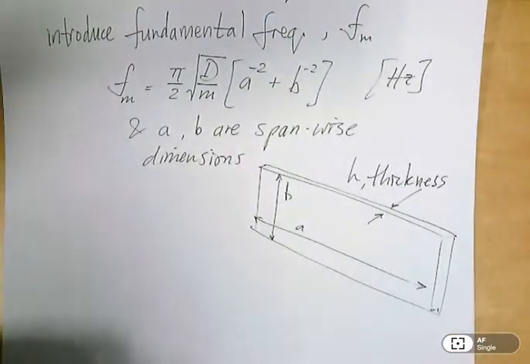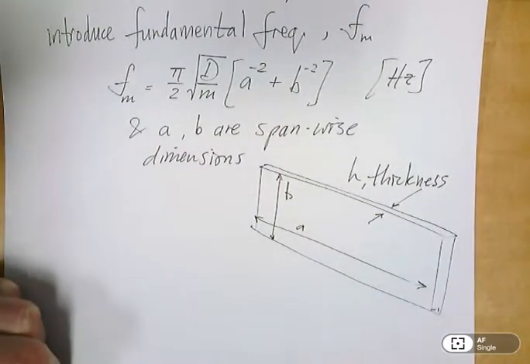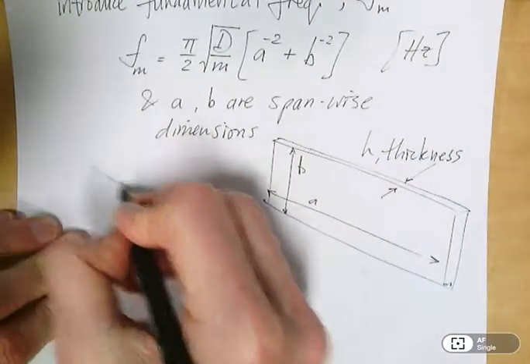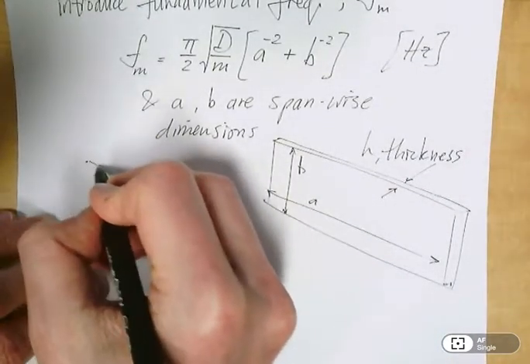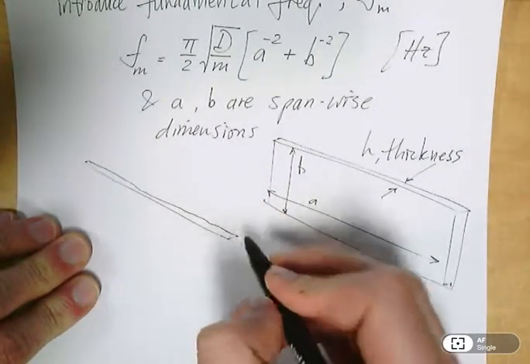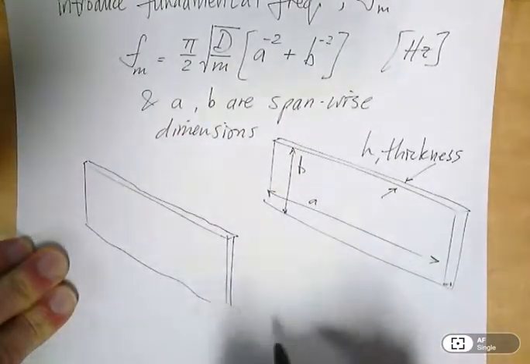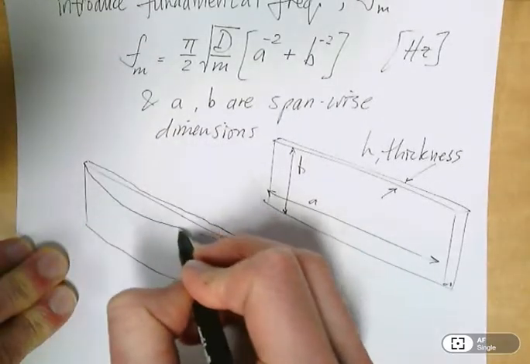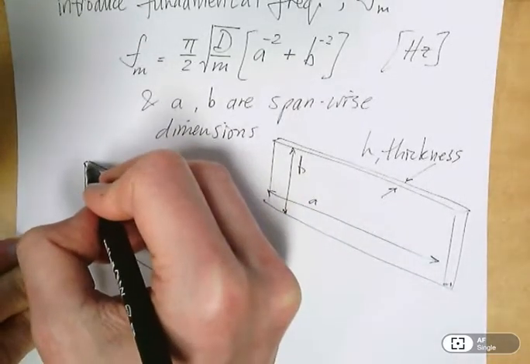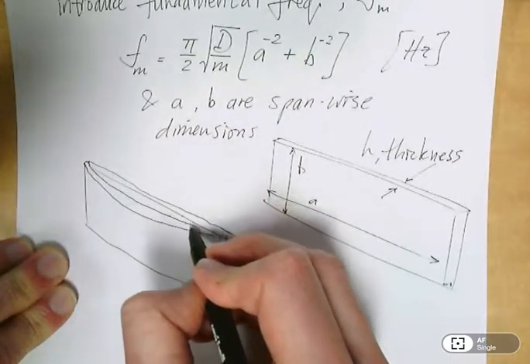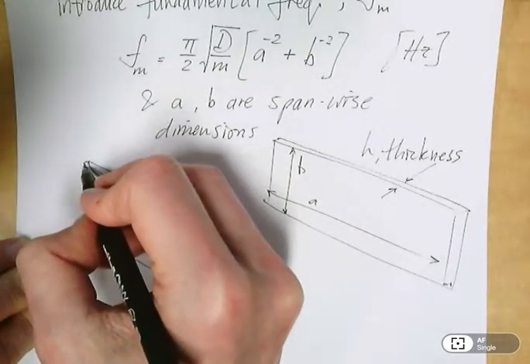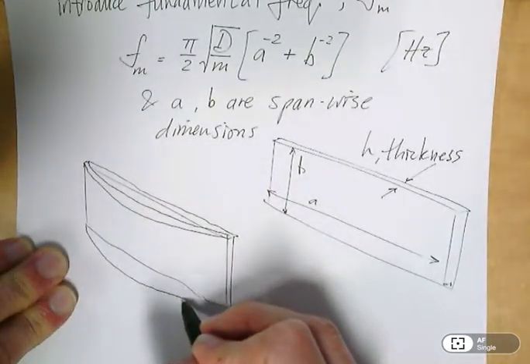So this type of resonant vibration means that the panel, given its finite size, at very low frequencies will oscillate like the structure that it really is. So it will have vibrations back and forth.